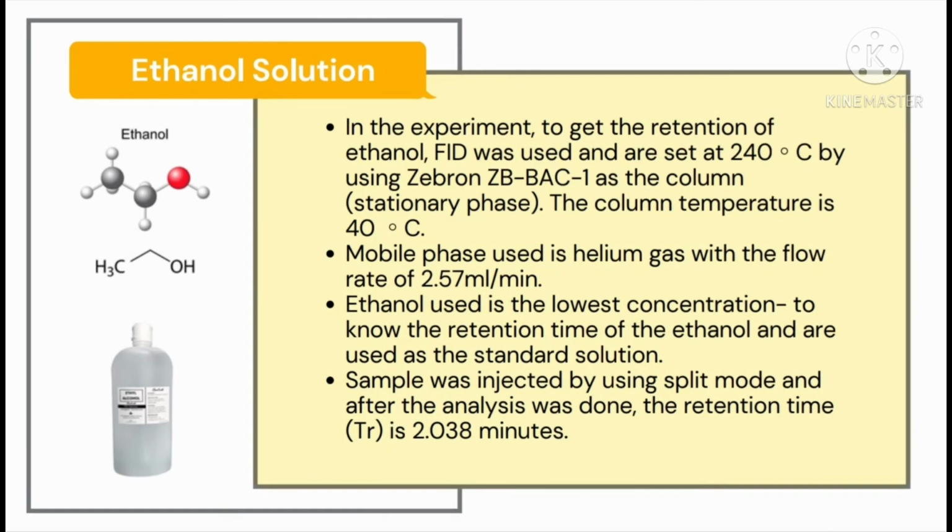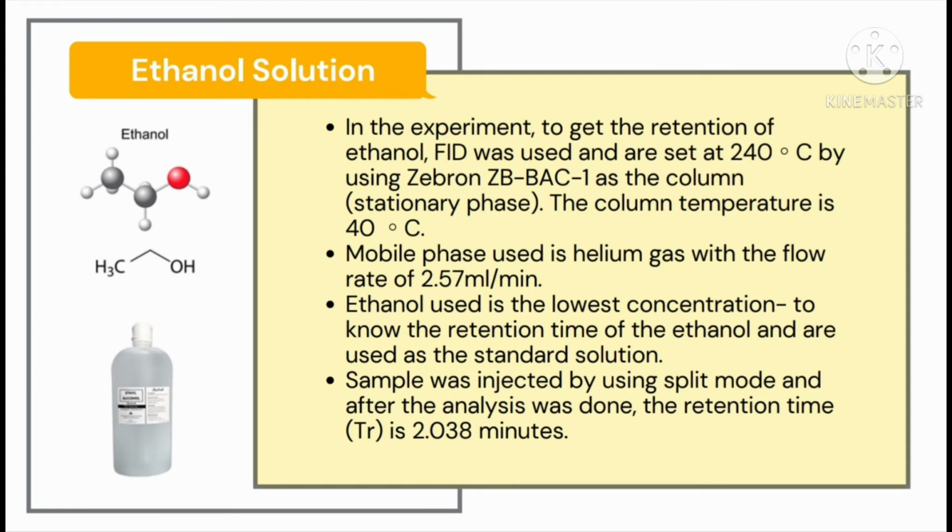Firstly, in this experiment, to get the retention time of ethanol, the FID was used and set at 240 degrees C, using Zebron ZB-BAC1 as the stationary phase. The column temperature is set at 40 degrees C. The mobile phase used for this solution is helium gas with a flow rate of 2.57 ml per minute.